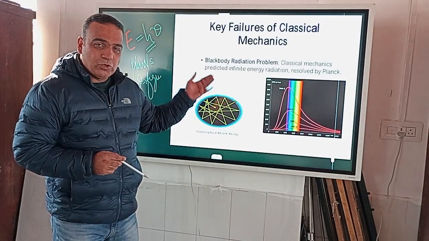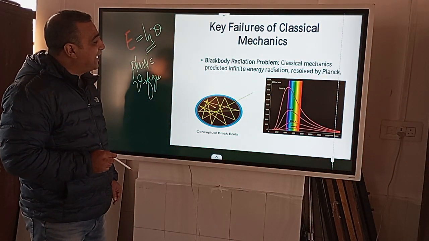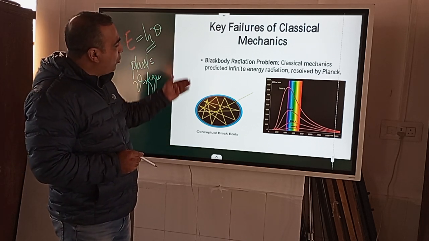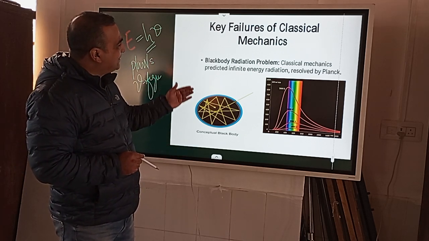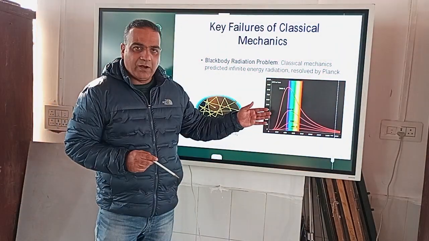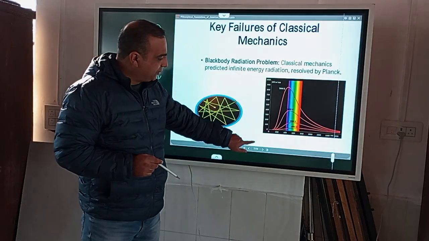It completely goes against those established laws in classical physics. So you can say that this is the failure of classical mechanics to account for the observed spectrum of black body radiation.